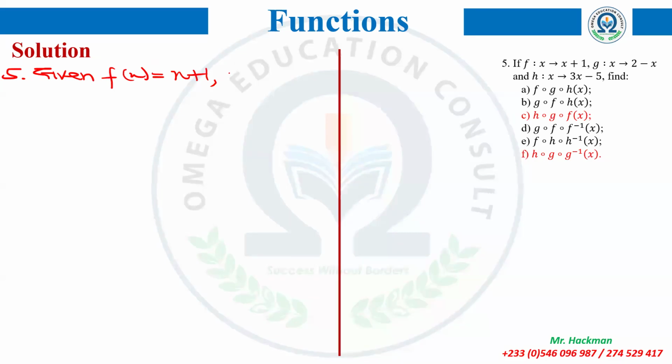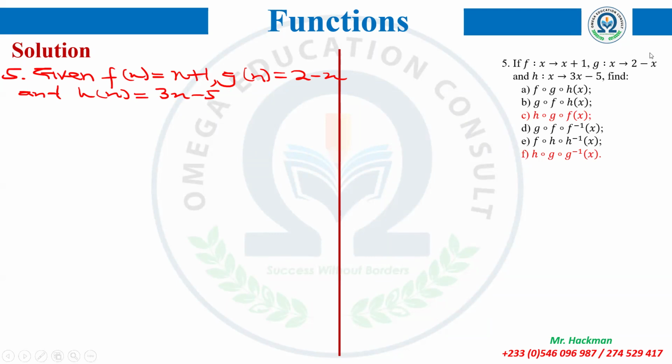Then g of x, equally pretty, is 2 minus x. And you come down. Your last function, h of x, is equal to also pretty, 3x minus 5. So this is what we have.